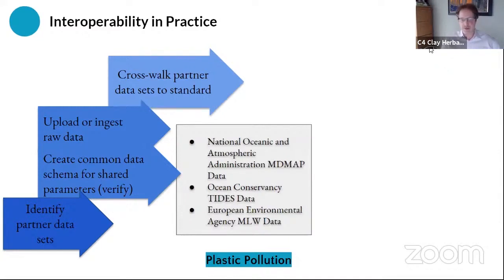We're using NOAA's MDM map, tides data, and the Marine Litter Watch data. All that data is pulled in, and we set it up so that it's in a standard format. Then we ingest it and crosswalk it so that we make sure all that data looks the same in terms of being able to visualize it.